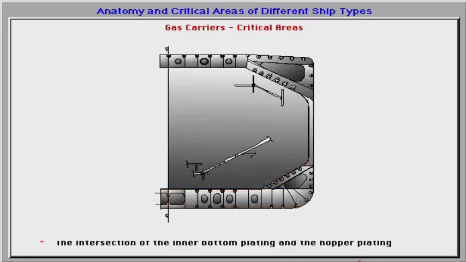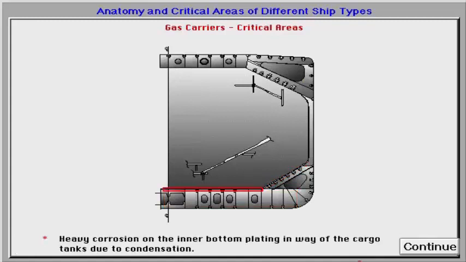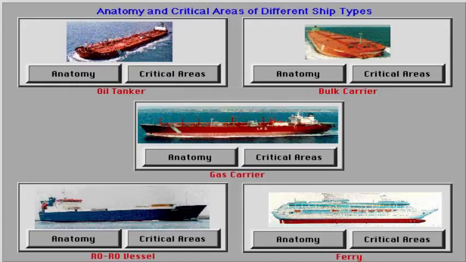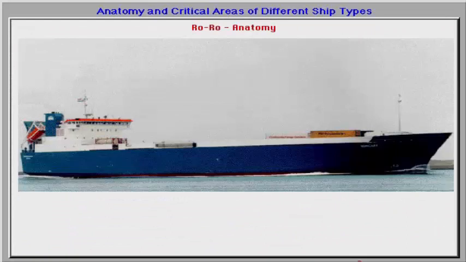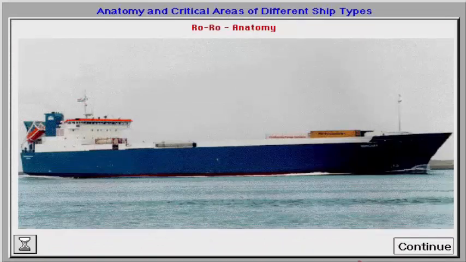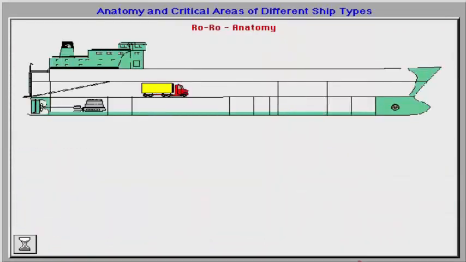The intersection of the inner bottom plating and the hopper plating. Heavy corrosion on the inner bottom plating in way of the cargo tanks due to condensation.